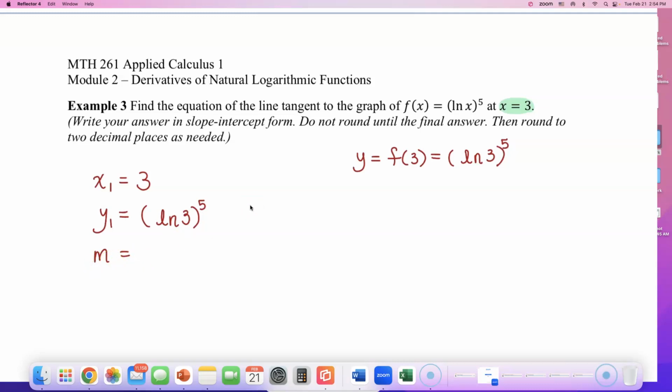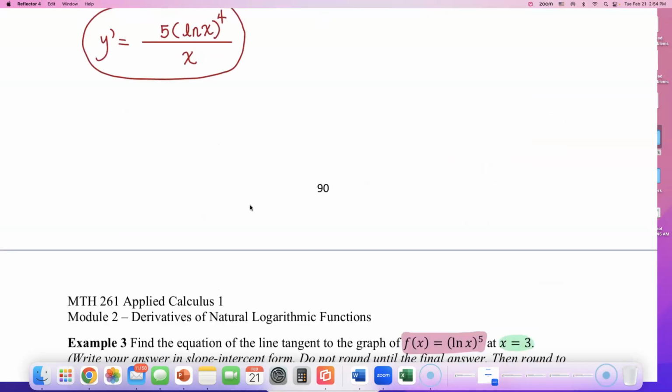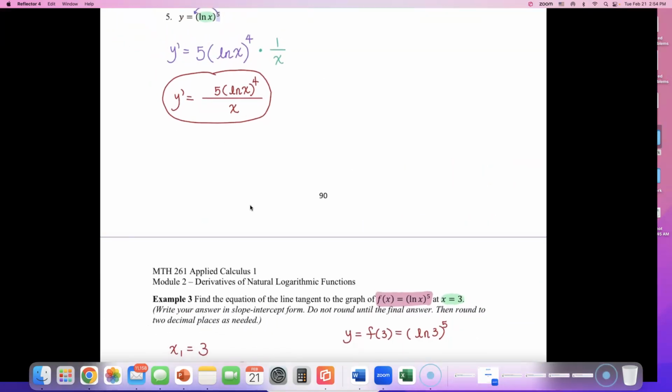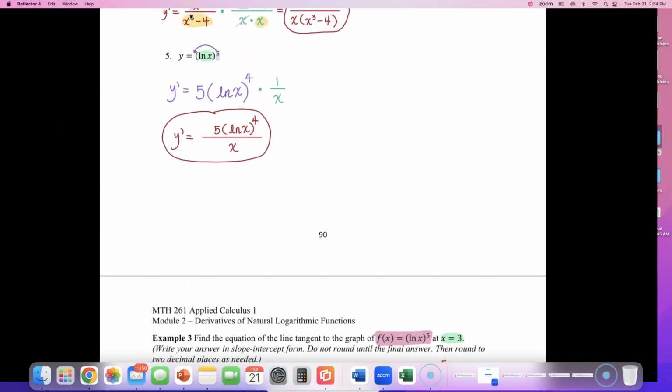But you guys recognize this function? We just found the derivative of this on the previous page. We did in the previous video. I'll zoom out and show you. We had y equals natural log of x raised to the 5th power.